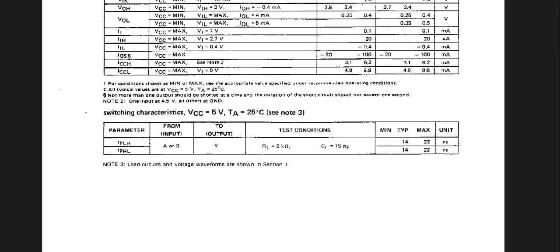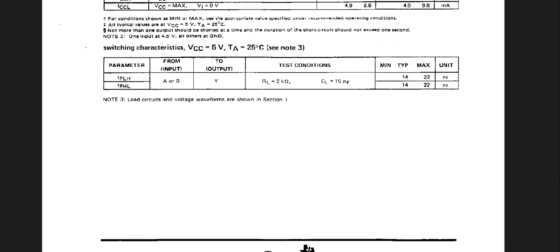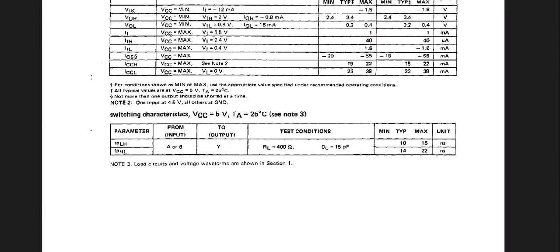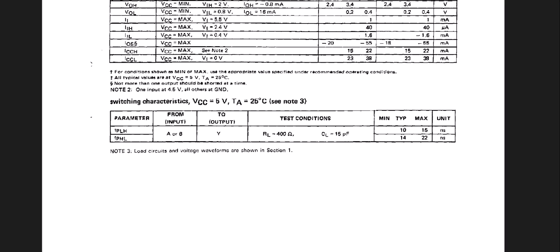Is this page 3? That's page 4. Page 3. So page 3, the top one is from low to high. From low to high, the typical time is 10 nanoseconds, and the max time is 15 nanoseconds.